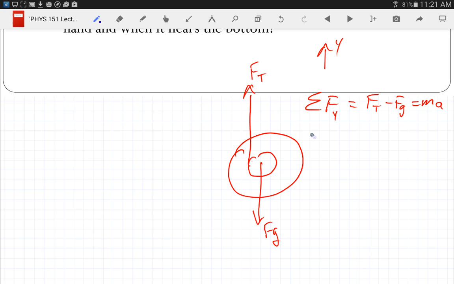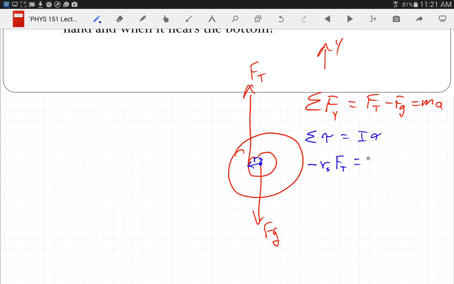The other one I'm going to use is the sum of the torques equals I alpha. So I have a torque, and I'll do this about the center of mass. I have a torque caused by that force of tension. Using my right-hand rule, that's a negative torque. I have negative, and I'll call this radius of the string, times the force of tension.